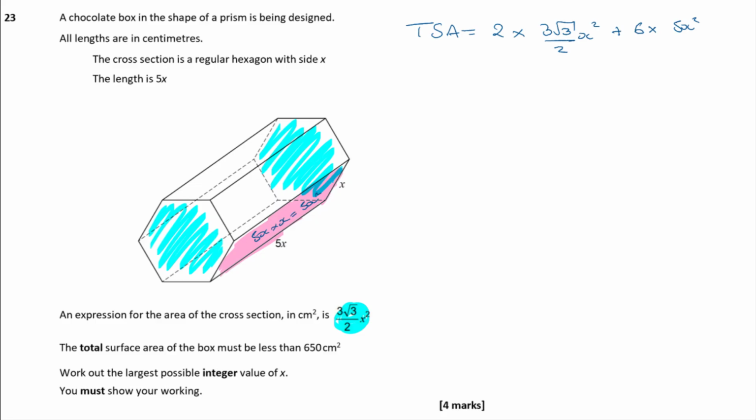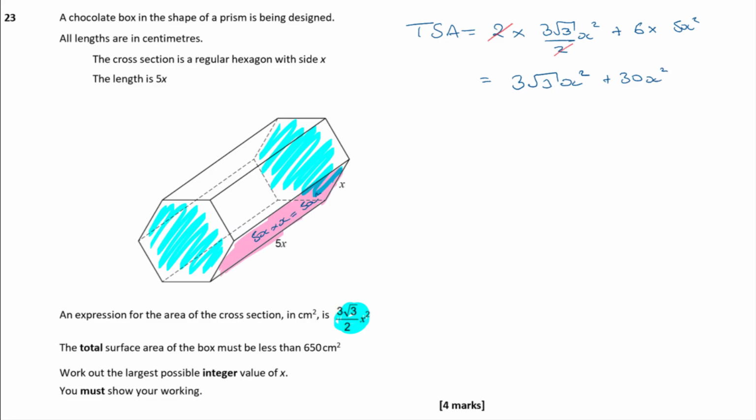Actually, it wasn't too bad, was it? So that 2 and that 2 cancel, and that leaves me with 3 root 3 x squared, and then 6 times 5x squared is 30x squared.